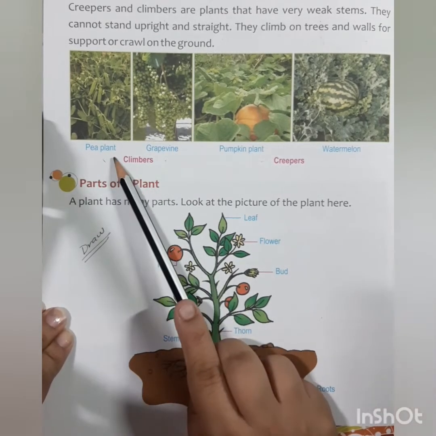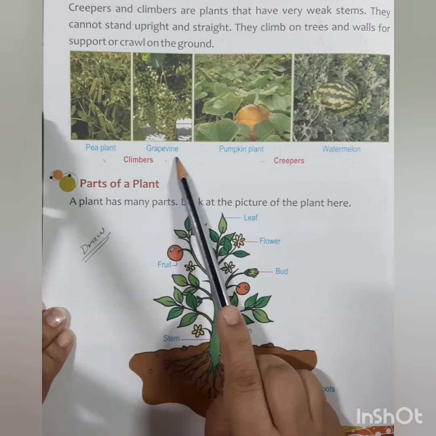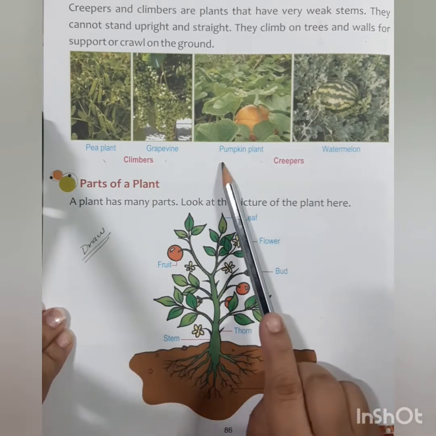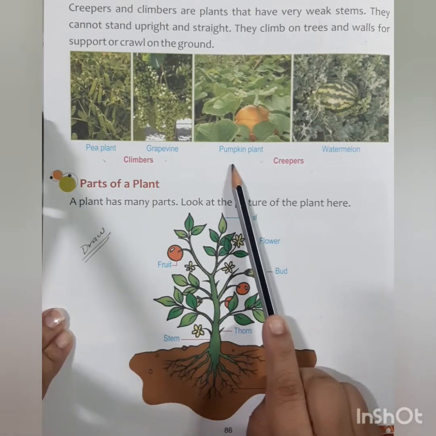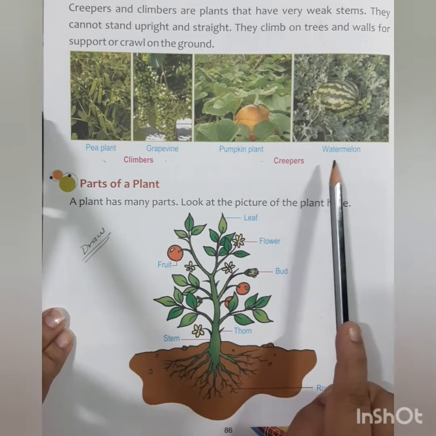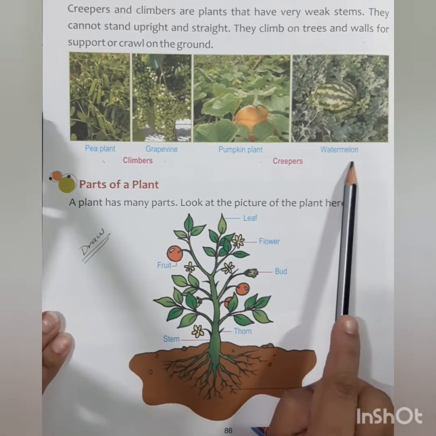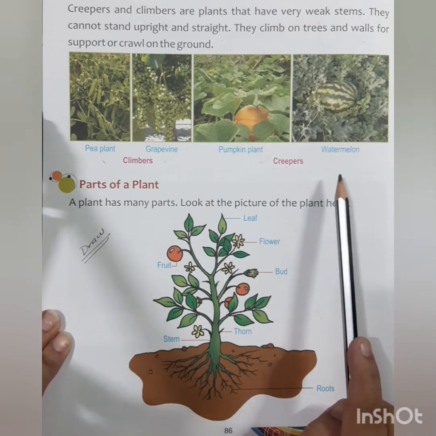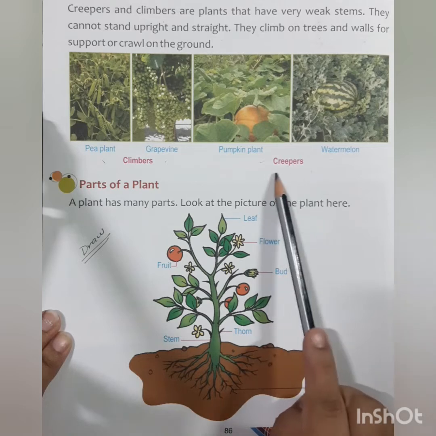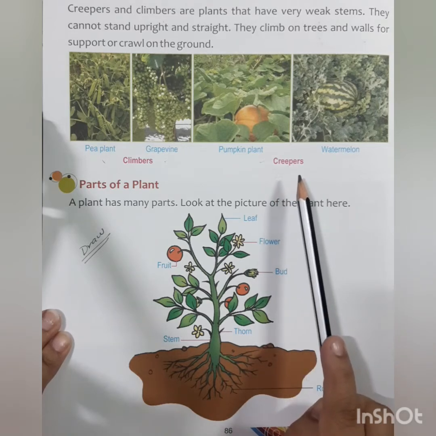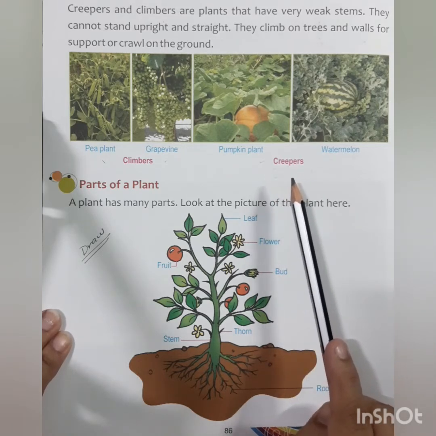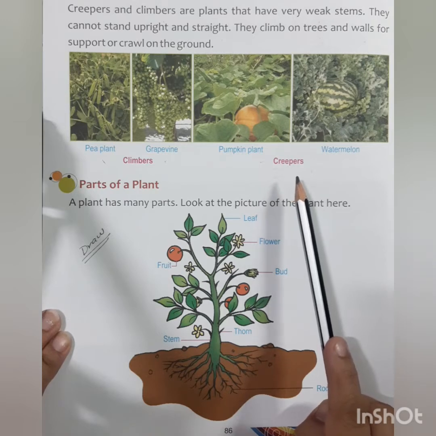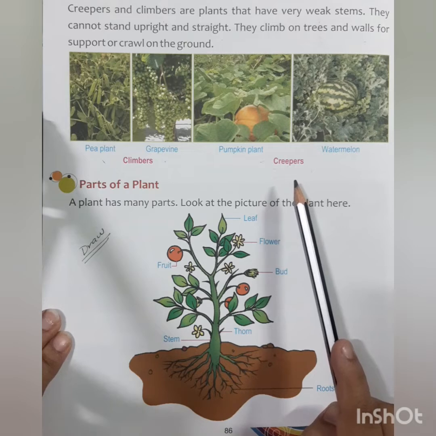Climbers are pea plant and grapevine, and creepers are pumpkin plant, pumpkin को हम और क्या बोलते हैं, कद्दू, है ना, and watermelon, that which we eat during summers. Do you like watermelon? Yes. So now you know what a watermelon is. Watermelons are creepers and their stems are very weak, so they need support. उनको किसी के सहारे की ज़रूरत होती है.